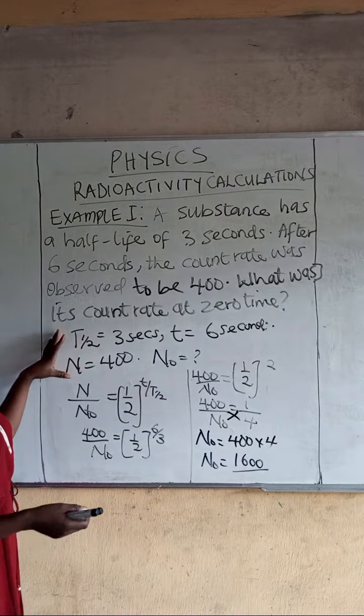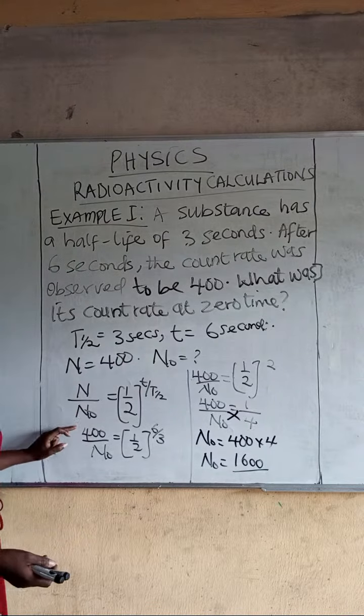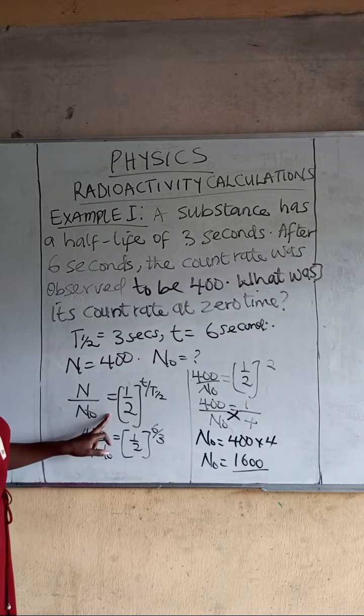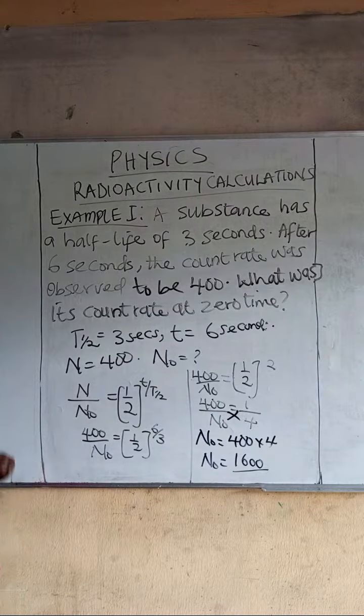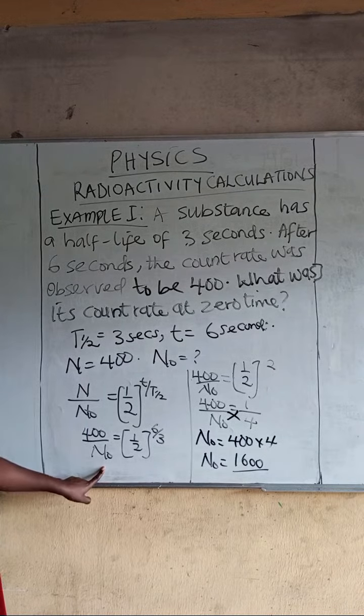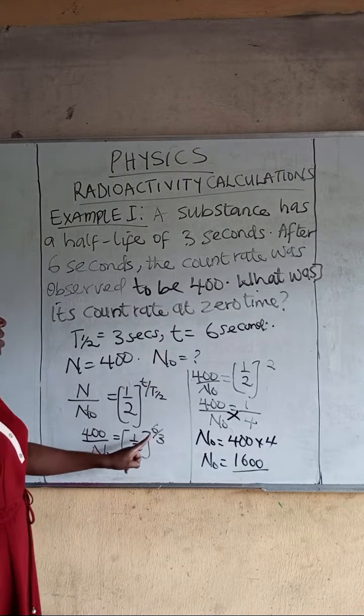So by stating our parameters and using our formula, n over n naught is equal to 1 over 2 bracket T over half-life. With that being said, we substitute into what we have. My n is 400, divided by n naught, what I'm looking for, is equal to 1 over 2 bracket, my T is 6, divided by my half-life, which is 3.